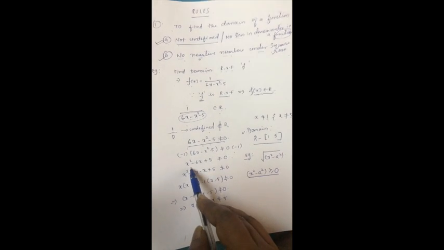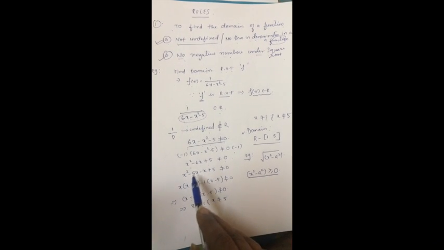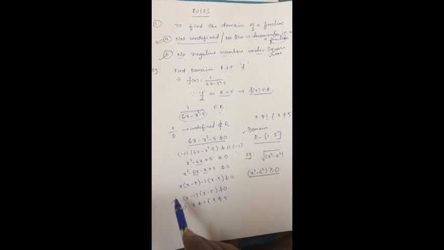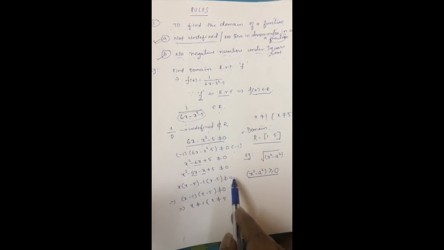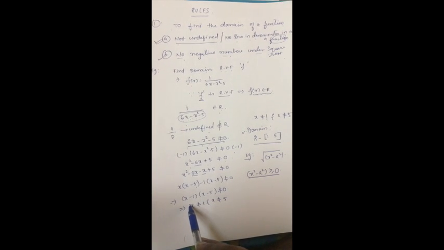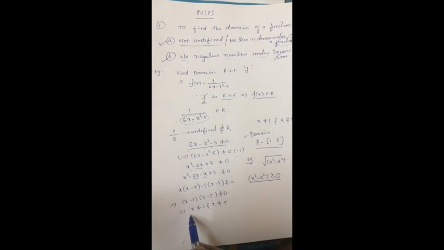Now multiplying by minus 1 on both sides, it becomes x square minus 6x plus 5 not equal to 0. Then you can write minus 6x as minus 5x and minus x. Take x common, x times x minus 5, and take minus 1 common, x minus 5, not equal to 0. Now it becomes x minus 1 into x minus 5 not equal to 0, which implies x is not equal to 1 and x is not equal to 5. What does that mean?